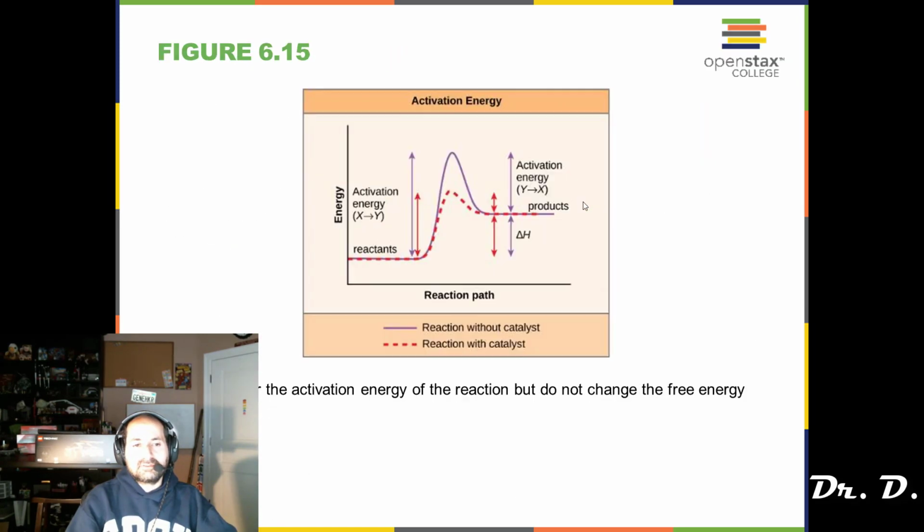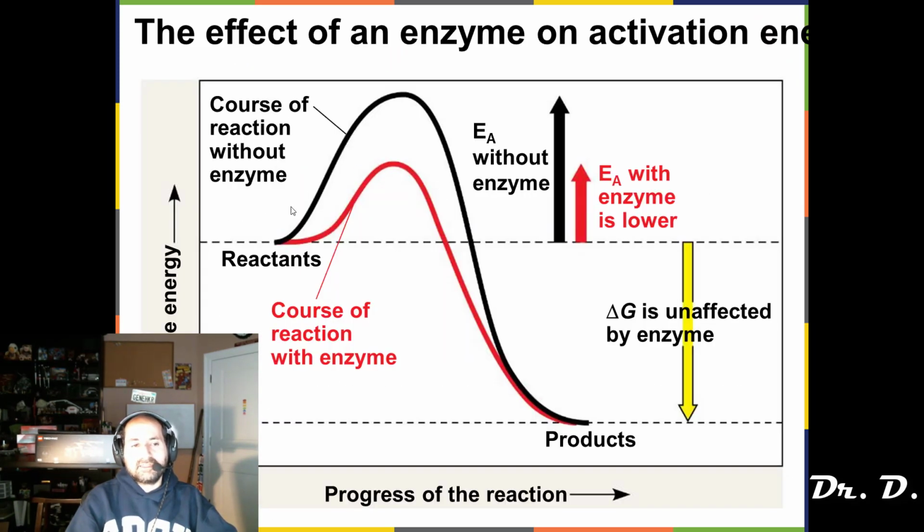Now, you might be wondering, okay, I understand activation energy is the initial energy required to start a reaction, and enzymes function by lowering the activation energy, which therefore speeds up a reaction.